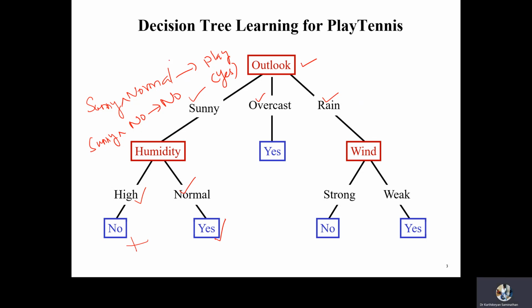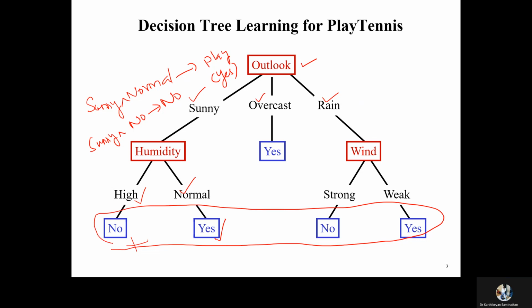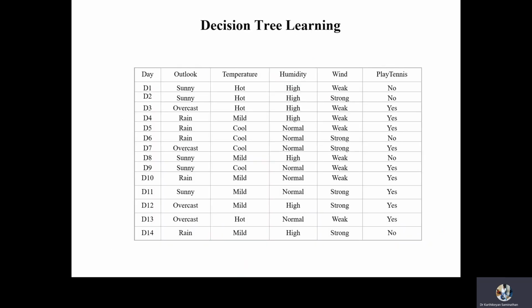This is how propositional logic is applied to the decision tree, right? All these leaf nodes are your decisions. From the decision you can predict. Okay, so this is your decision tree learning.